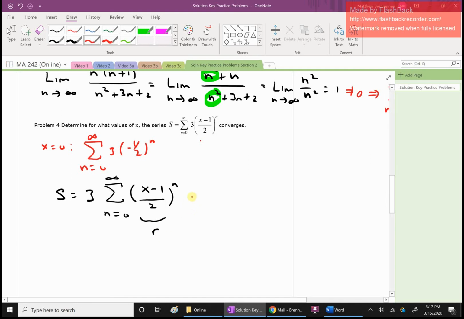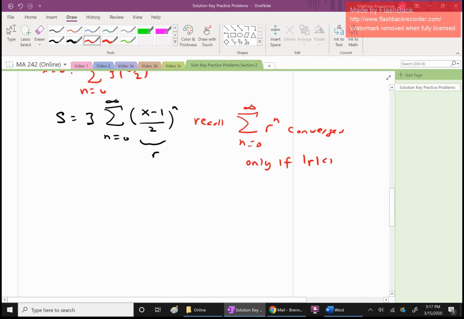So we recall that it converges only if the absolute value of R is less than 1. So in our case, R is equal to, well, it's the base, right?